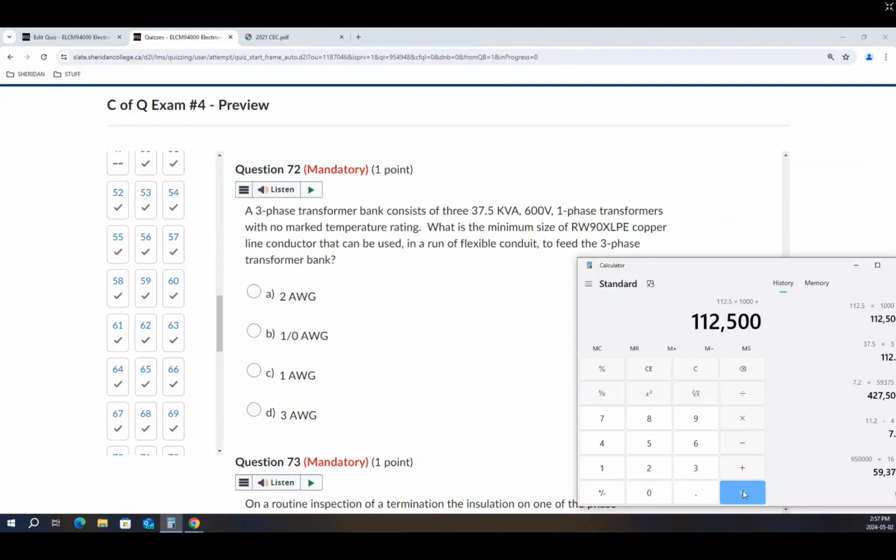I'm going to divide that by my voltage multiplied by the root of 3. Oh darn, let's go memory clear. I'm going to go back to my kVA.